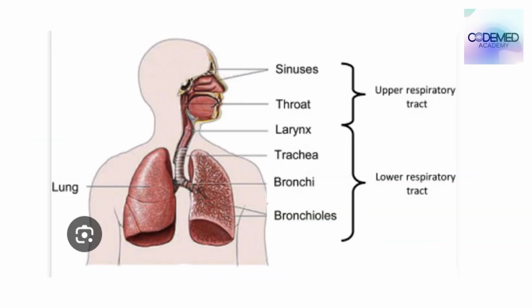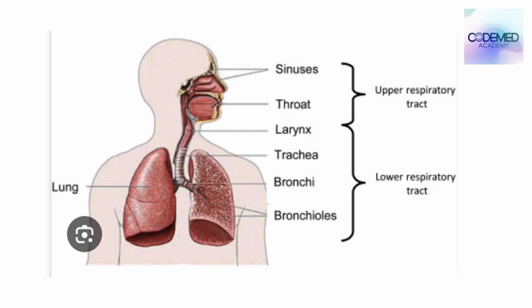For better understanding, we always divide the respiratory system into the upper respiratory tract, which mainly consists of the nose, sinuses, throat and larynx, and the lower respiratory tract, which mainly consists of the trachea, bronchi, bronchioles and lungs. We will follow this format.